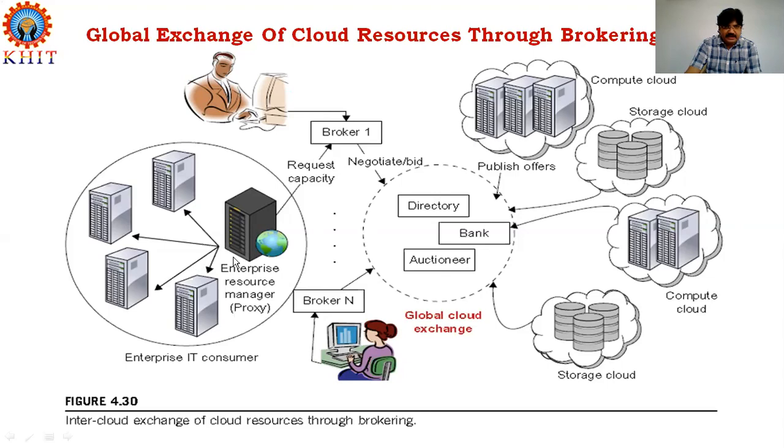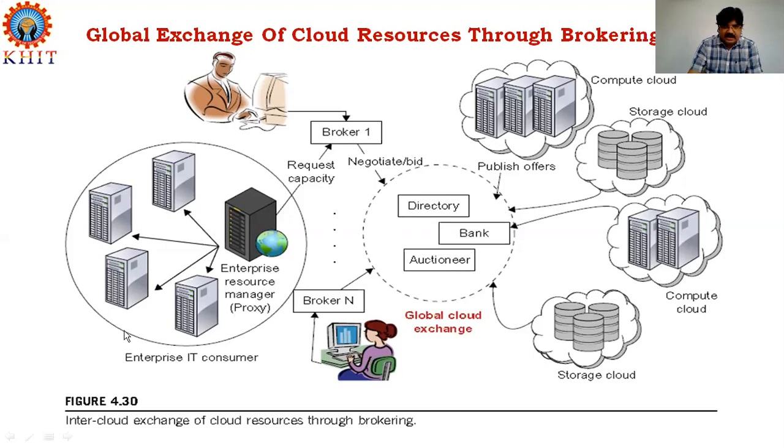The broker will take the request from the cloud consumer or end user, and the request will be sent to the global exchange clouds like a bank, auctioneer, or directory. The bank will put one bid, or the auctioneer will put one bid.